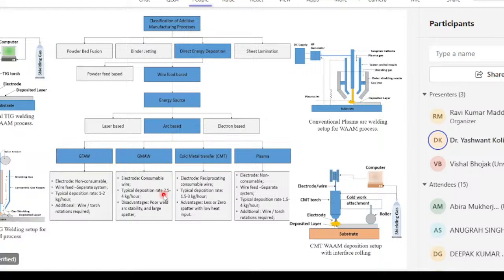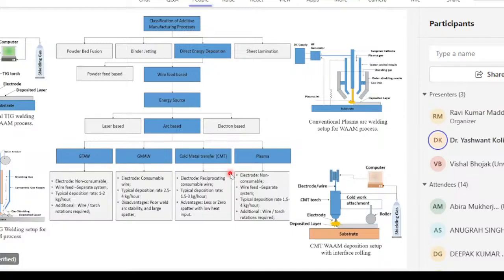GMAW has a 2.5 to 4 kg per hour deposition rate, and CMT has 1.3 to 3 kg per hour. The advantage is less or zero spatter with low heat input. So CMT is an outstanding welding process which outstands these four. We can fabricate a component with lesser heat input, and heat input plays a very important role in a WAM component. As we are laying over beads, we have to control the heat input.